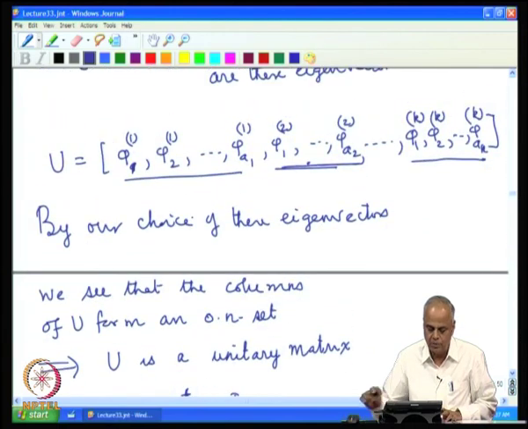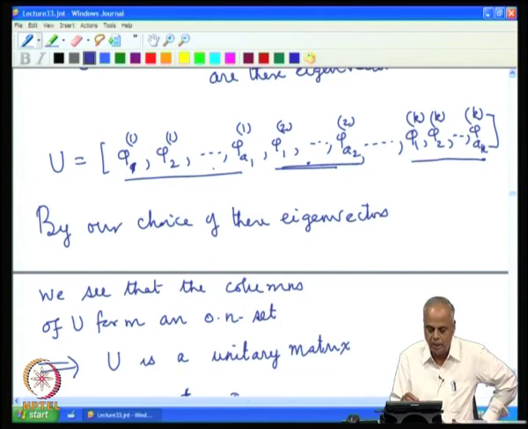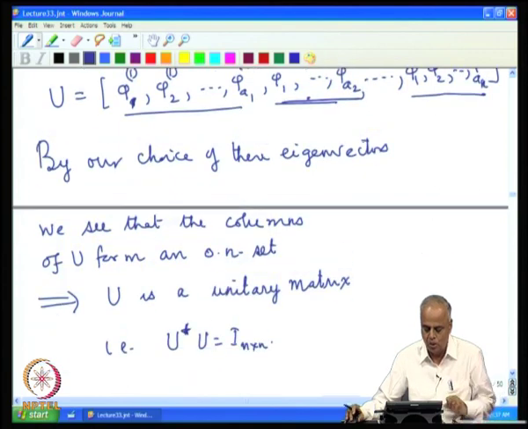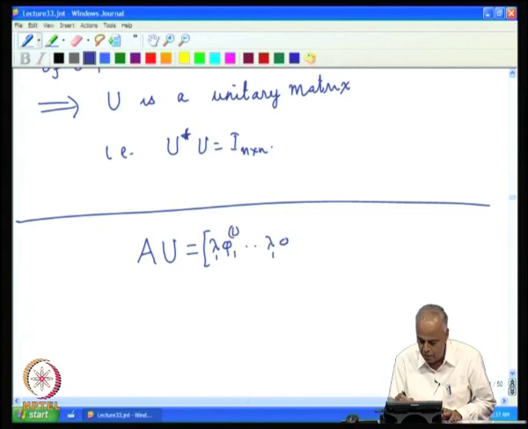Now, U is this matrix, A U will be multiplying each column by A, but when I multiply these first a 1 columns by A, because they are eigenvectors, they will be simply multiplied by the number lambda 1. Similarly, the next a 2 columns will be multiplied by the number lambda 2 and so on. So, we will get the first column will be just lambda 1 phi 1 1 and then the a 1th column will be this.